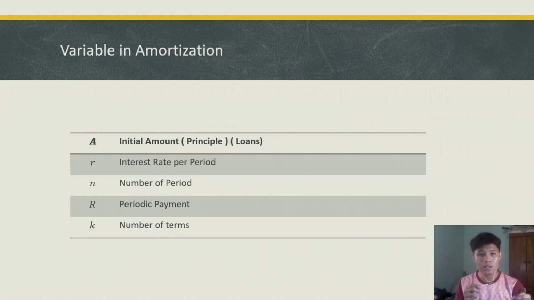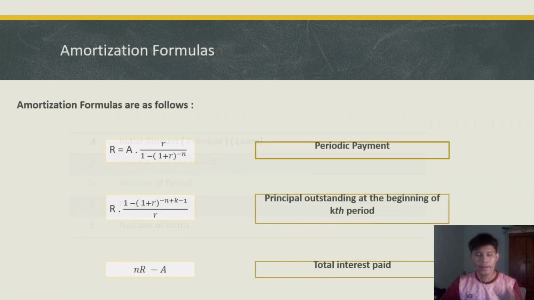Next, we have the number of periods, which is represented by N. Number of periods is how many times we need to pay the loan. Next, we have R, which represents the periodic payment. Periodic payment is how much we need to pay per fixed period. Last but not least, we have K, which represents the number of terms.